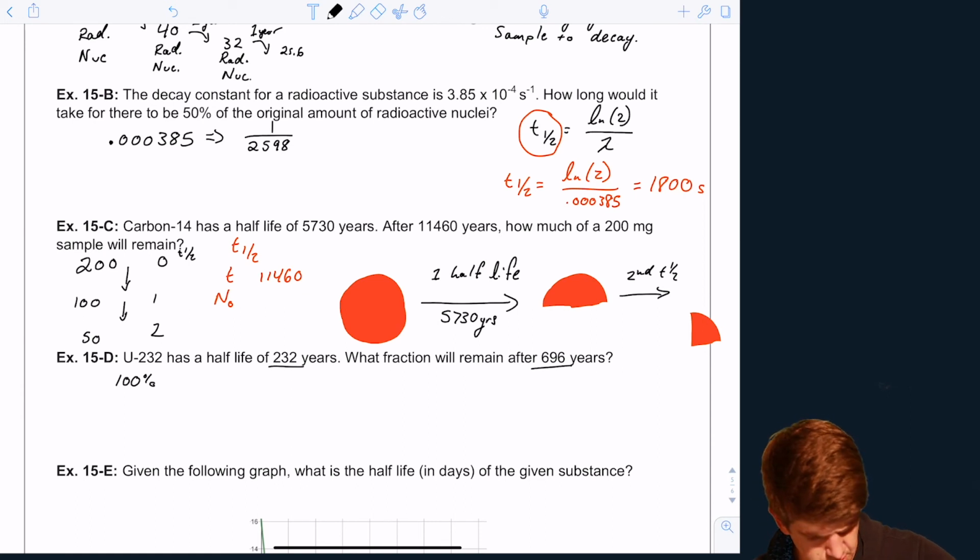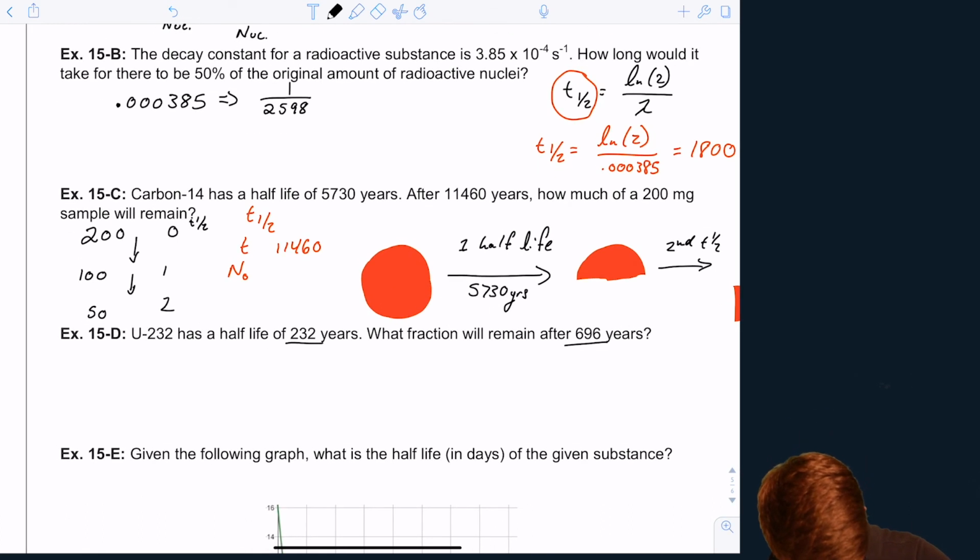Let's actually just make a quick table. I can just predict that I'm going to run out of space. Fraction, and then time, and then the half-life.